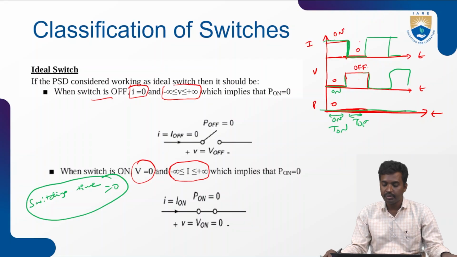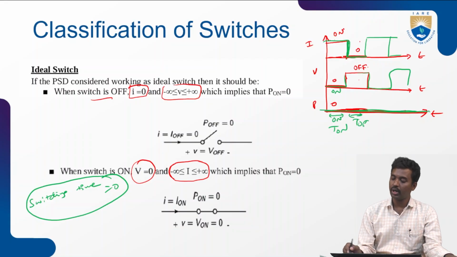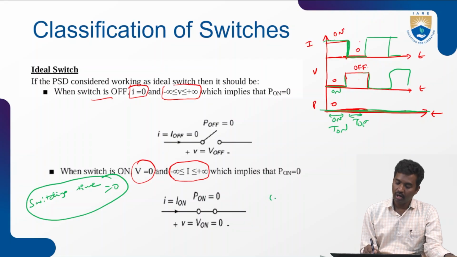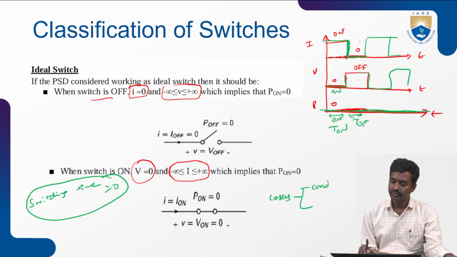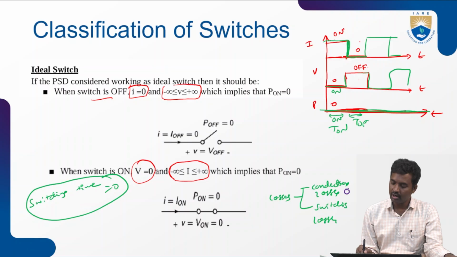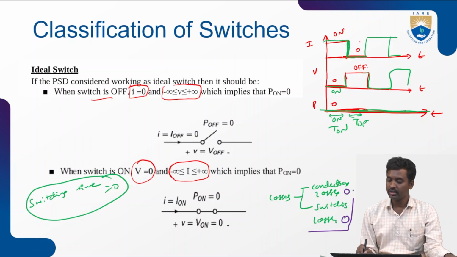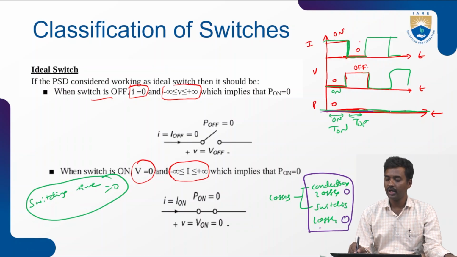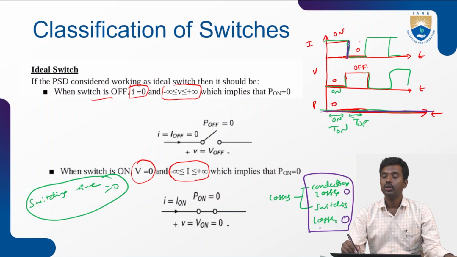There are two types of power losses, and the total losses are 0. The losses are of two types: conduction losses and switching losses. Here the conduction losses are 0 and the switching losses are also 0, because there is no switching time.